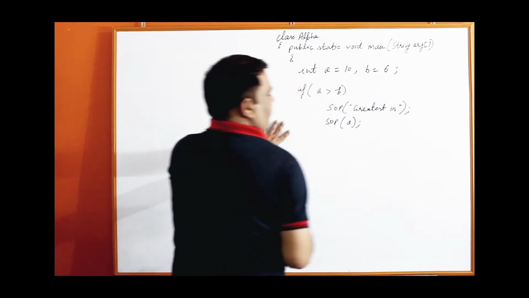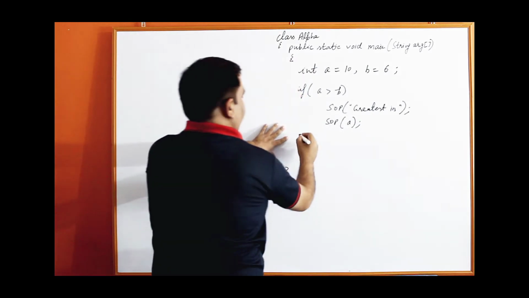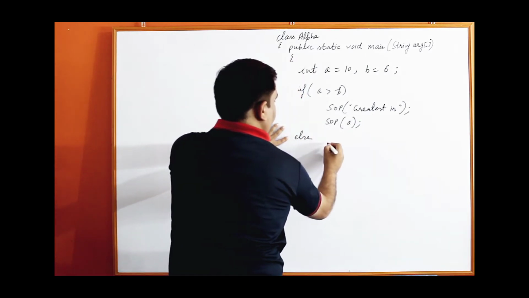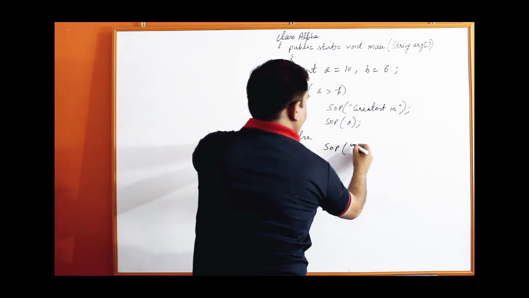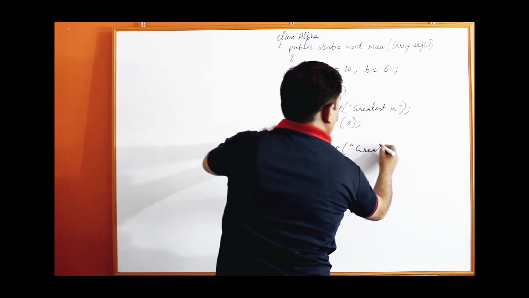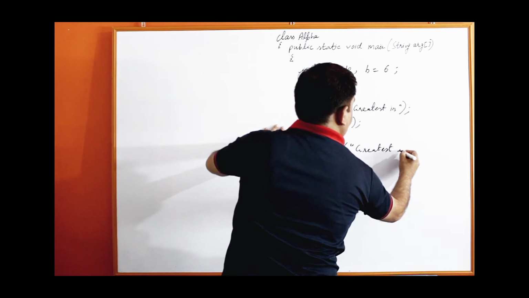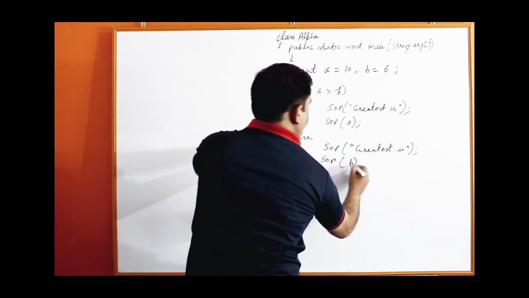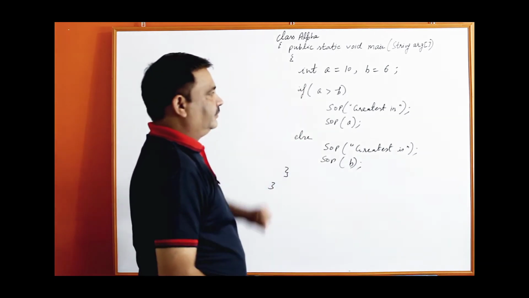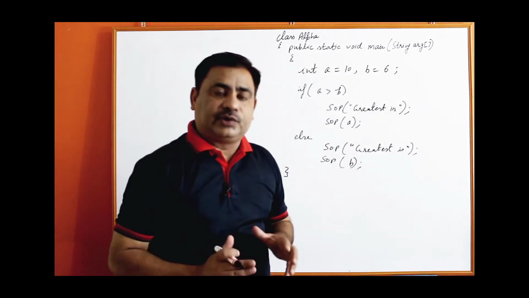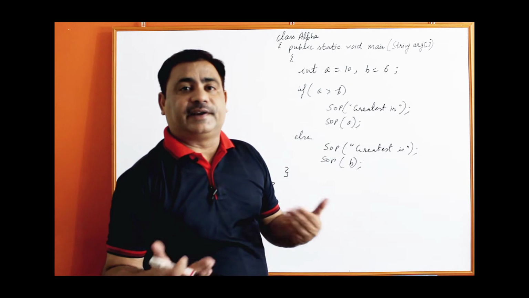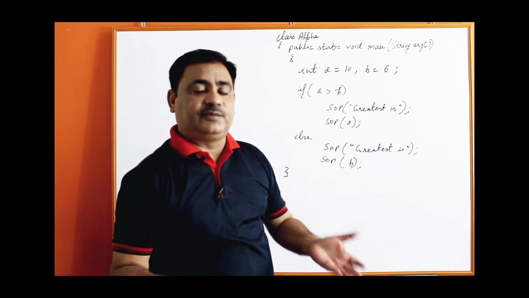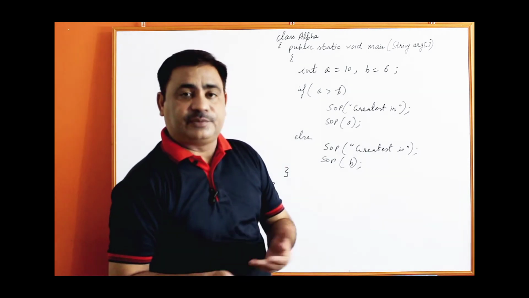Now there are two statements, else System.out.print greatest is b, again two statements. When you compile this program, you will get one error: else without if, misplaced else.